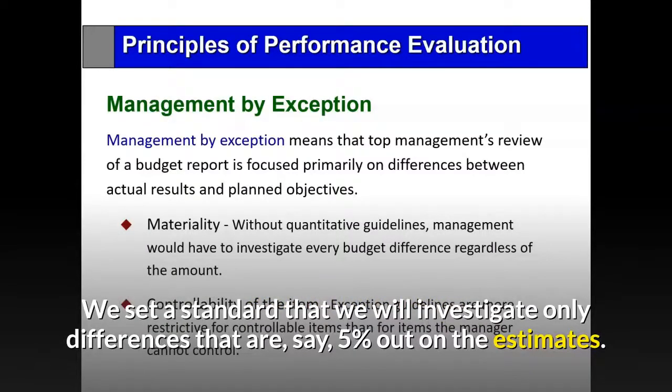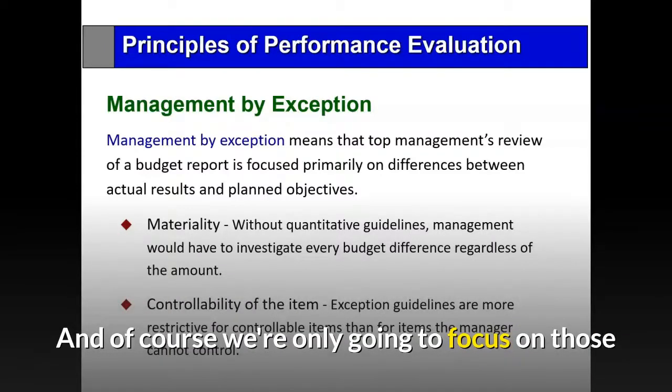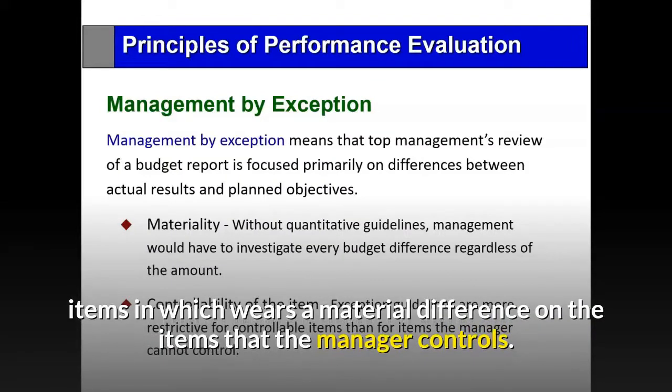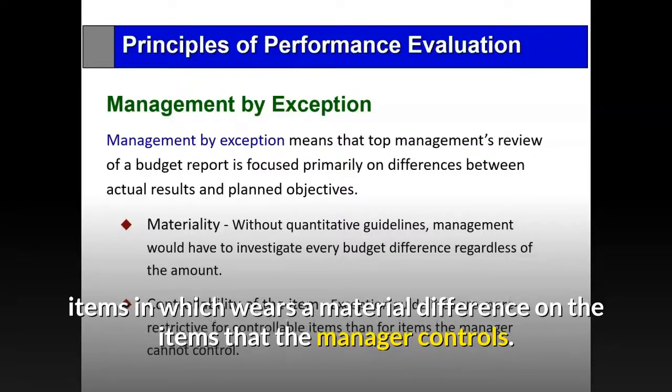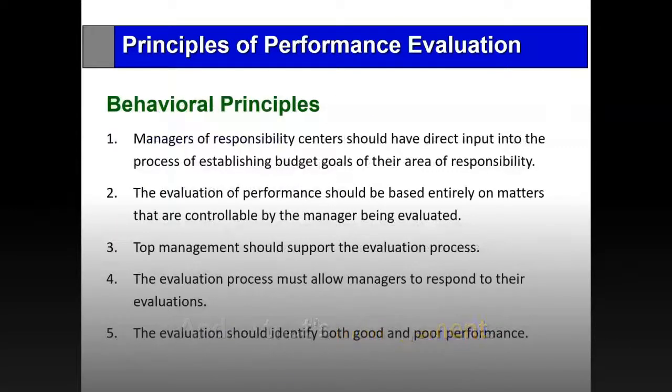We set a standard that we will investigate only differences that are, say, 5% off the estimates. And of course, we're only going to focus on those items in which there's a material difference on the items that the manager controls. And so that's management by exception.